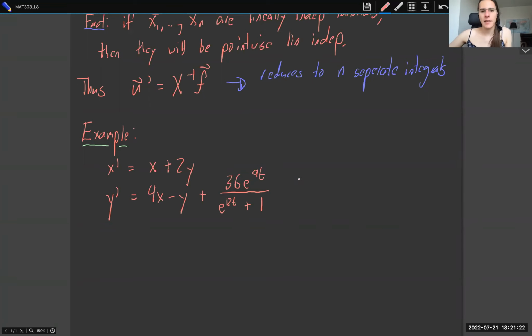So what we have then is that this basically translates into A equal to [[1, 2], [4, -1]], and f is equal to (0, 36 e^(9t) divided by e^(12t) plus 1).